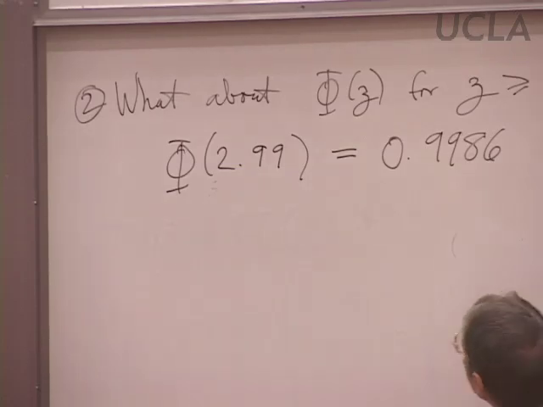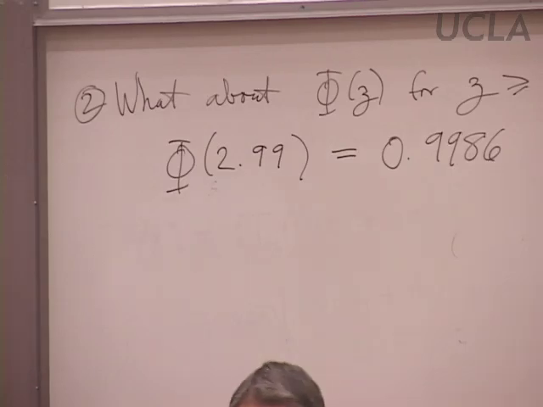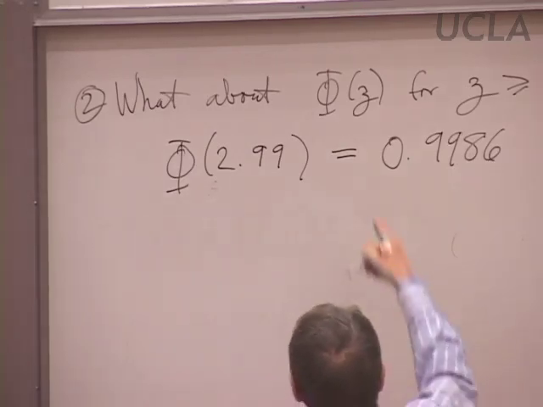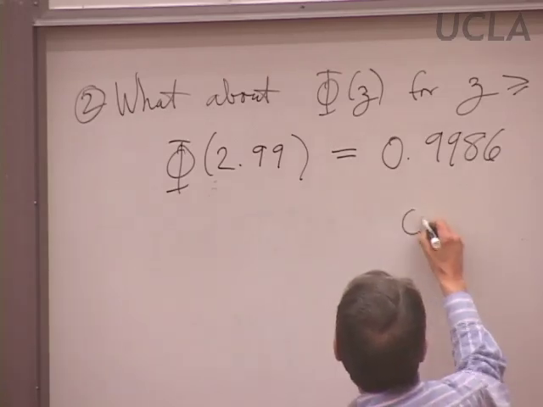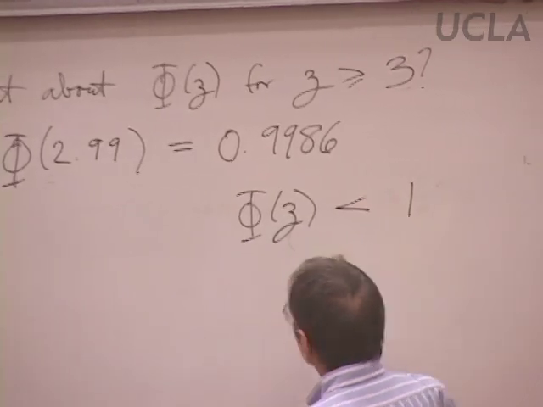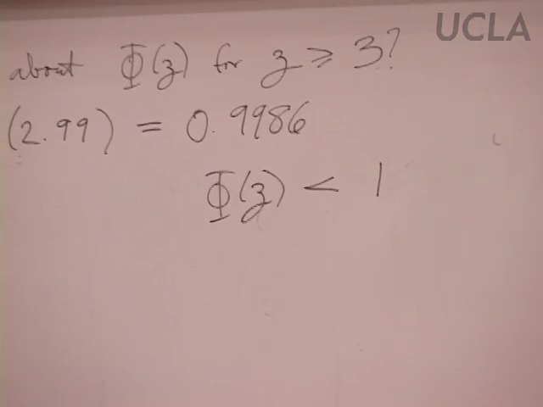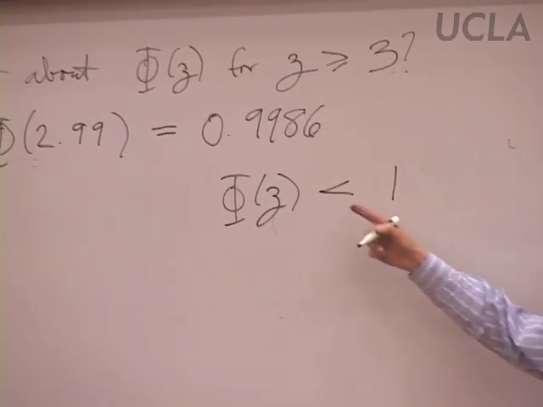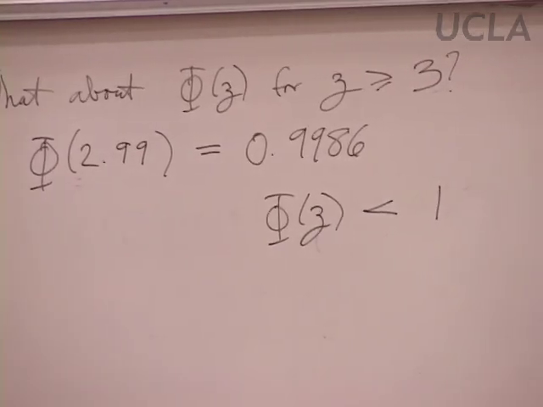And of course, phi of z, even for larger z, is less than or equal to 1, in fact strictly less than 1, because it's a probability. And it's not equal to 1 because there's some tail left out.